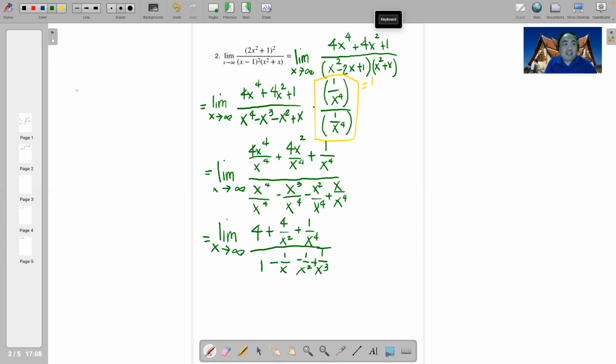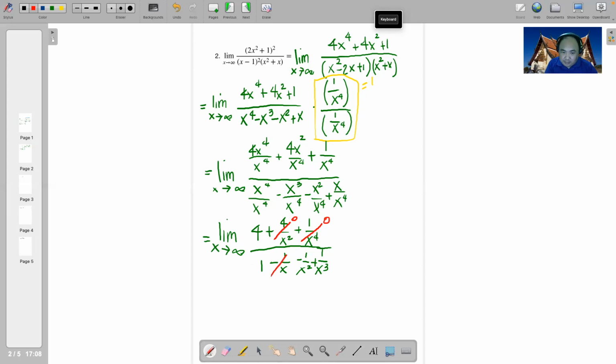Using the preliminary that we had, we know that a very large number squared is still a very large number, and so dividing 4 by that very large number is 0. A very large number to the fourth power is still a very large number. Dividing 1 with that fourth power of a very large number is practically 0 still.